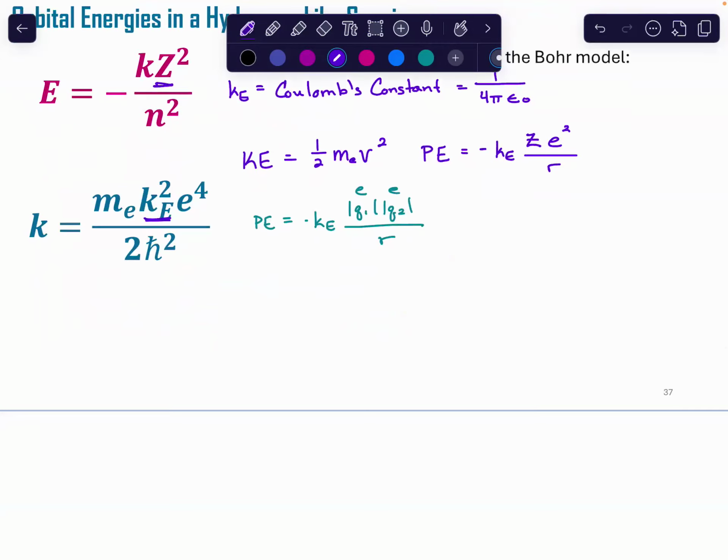And of course, we know that the total energy of a system is kinetic plus potential energy. So we're going to get the kinetic energy, KE Z E squared over R.